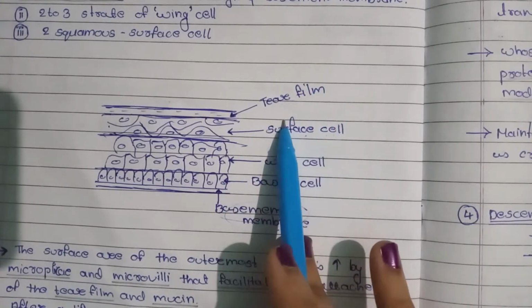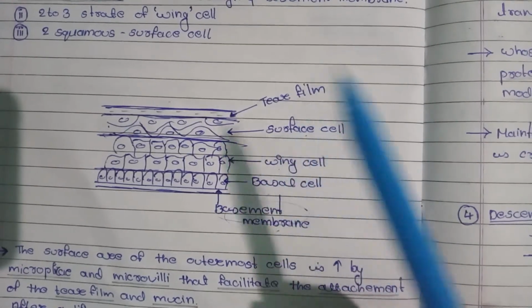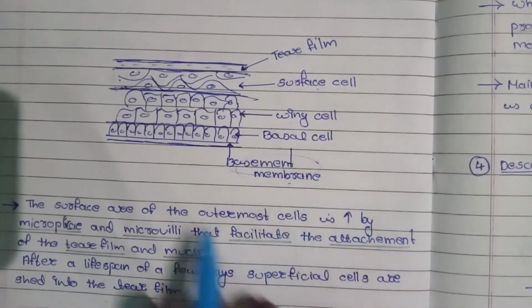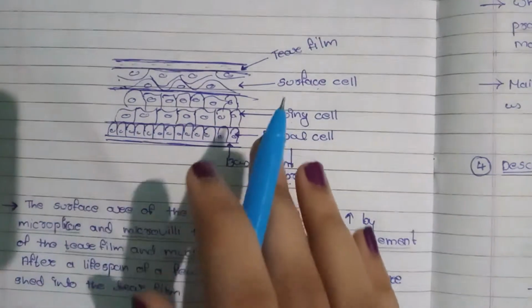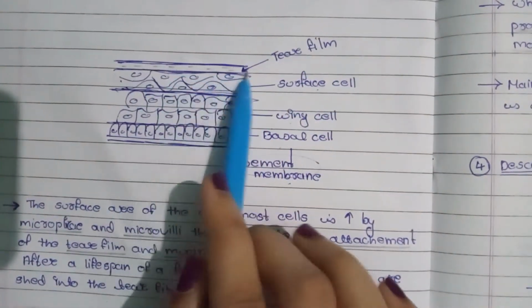This surface cell is the outermost cell, which is increased by the microvilli, which facilitate the attachment of tear film and the mucin. After a lifespan of a few days, this surface cell is shed into the tear film.